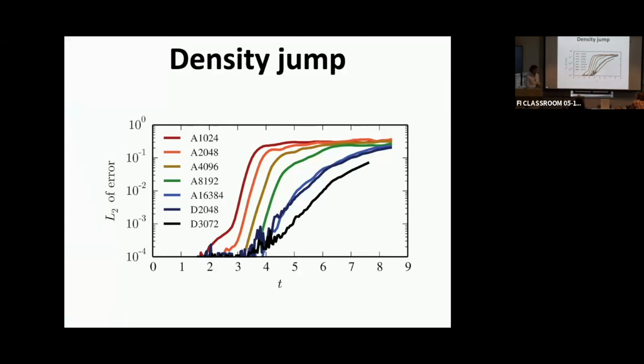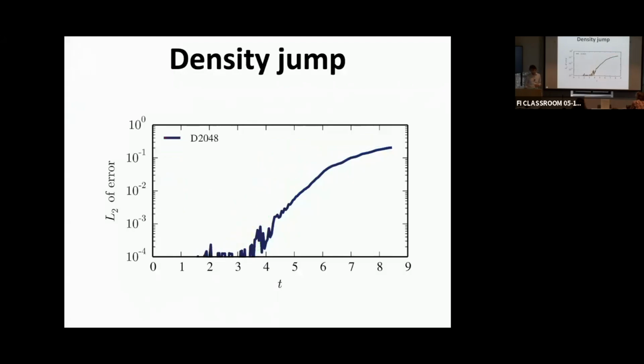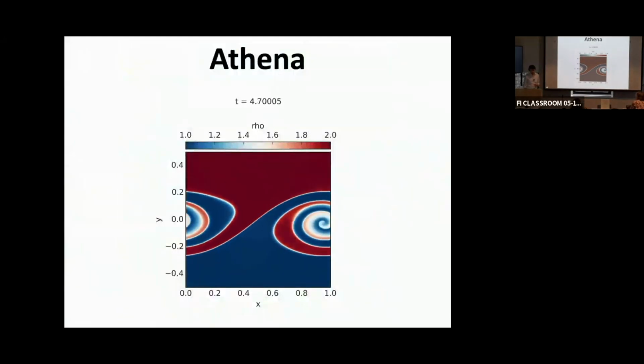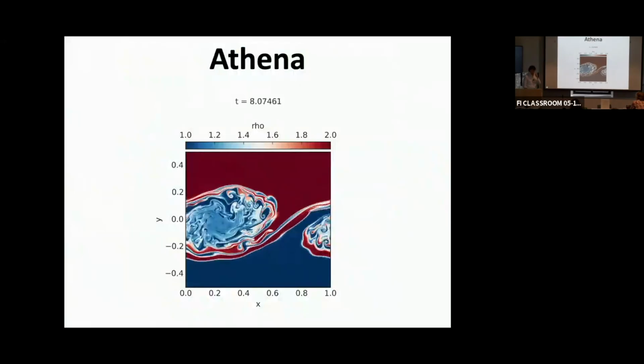Just wondering, with the Athena ones, it looks like they all get saturated around the same level, and I can't tell with the Daedalus ones: do they end up saturating at the same spot over time if you let it go further, or does it saturate lower? So when it's saturating, that's basically because if you look point-wise at any point, the values are wrong, but this red stuff is always red and this blue stuff is always blue. So it's saying that all this stuff is wrong. That's the saturation you're getting.